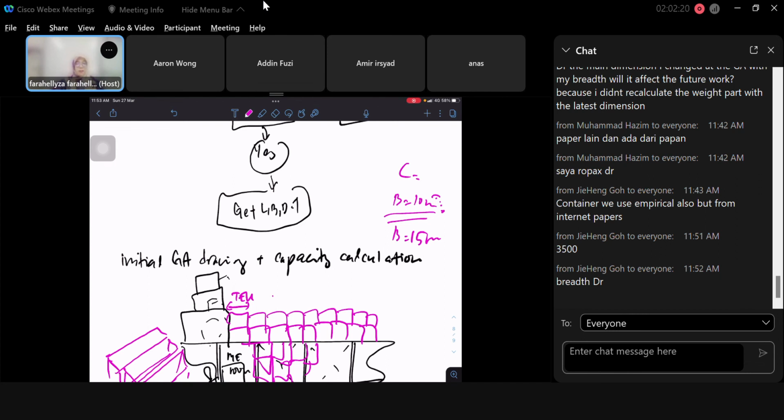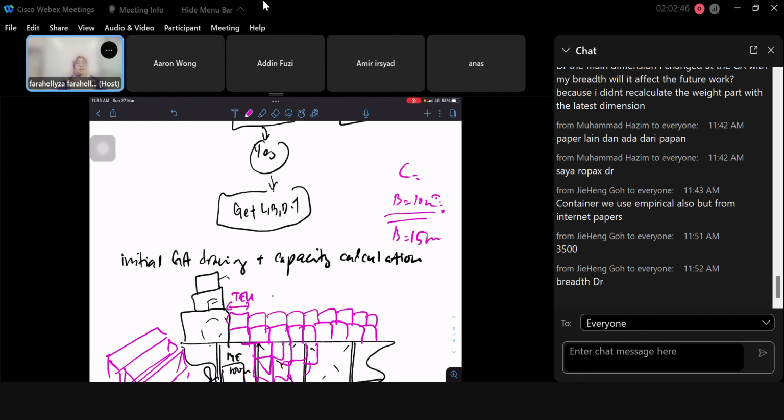So you don't only stop at the main dimension. You have to do the initial GA drawing, then do the capacity calculation. That will also be done this semester. Once you develop your hull form, you come out with a comprehensive GA drawing. Last time it was just the initial GA, you didn't have all these details, just a preliminary GA drawing.